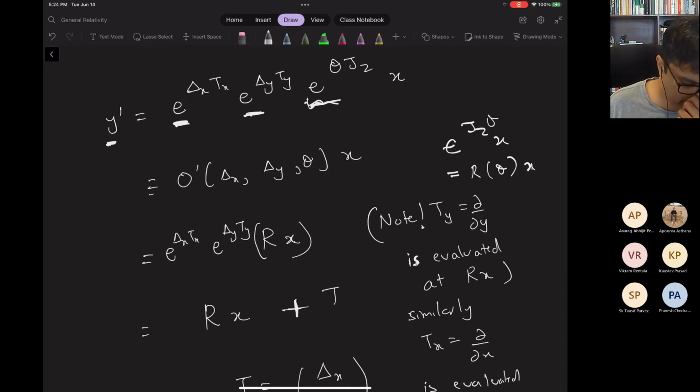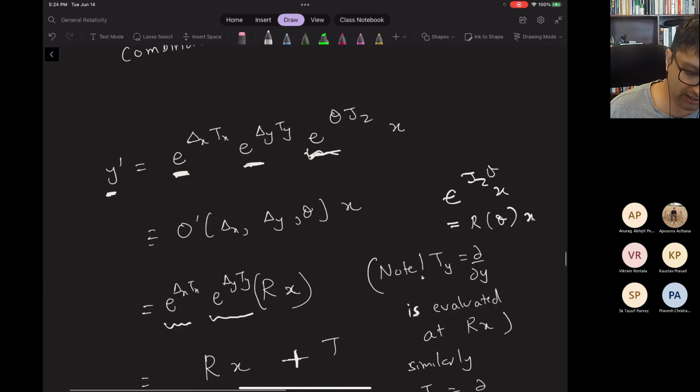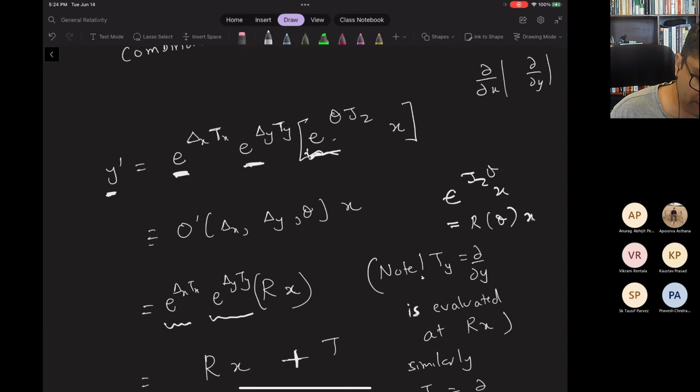Then I have to act with a translation in the y direction and a translation in the x direction. One important thing when you're doing a series of transformations like this, rather than a one-shot transformation, is that these are tangent vectors, but they're evaluated at a particular point. You're expanding in some basis, but at which point should you evaluate these tangent vectors? After I perform this, I'm no longer at the point x, I'm at some point x prime. So these tangent vectors have to be evaluated at that x prime.